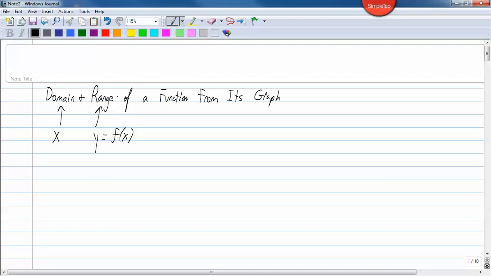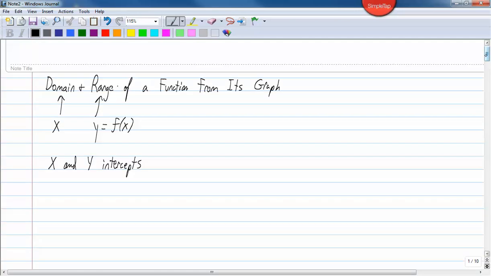Alright, now one other thing that you can tell from a graph is the x and y intercepts.